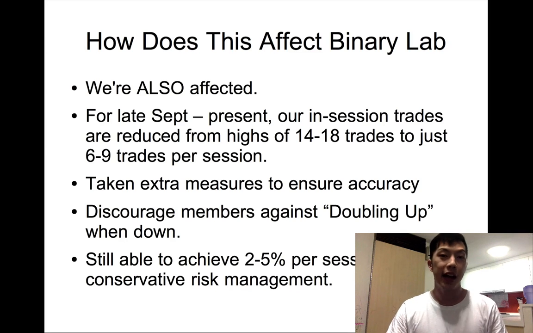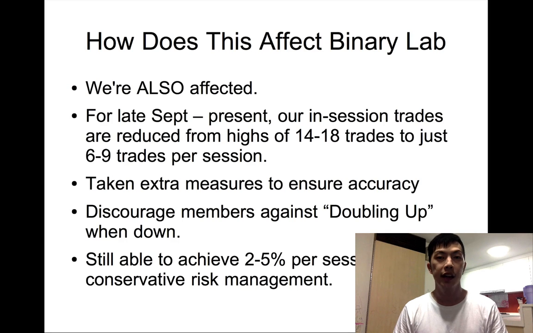I would still say this is down from what it used to be, but we have been making it work as best as possible, because with increased accuracy, we can make more laser-sniped trades that actually win.